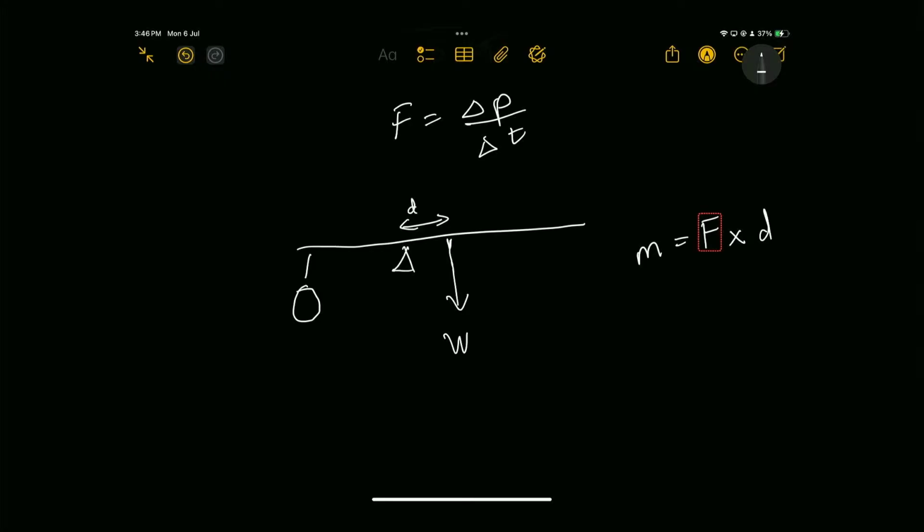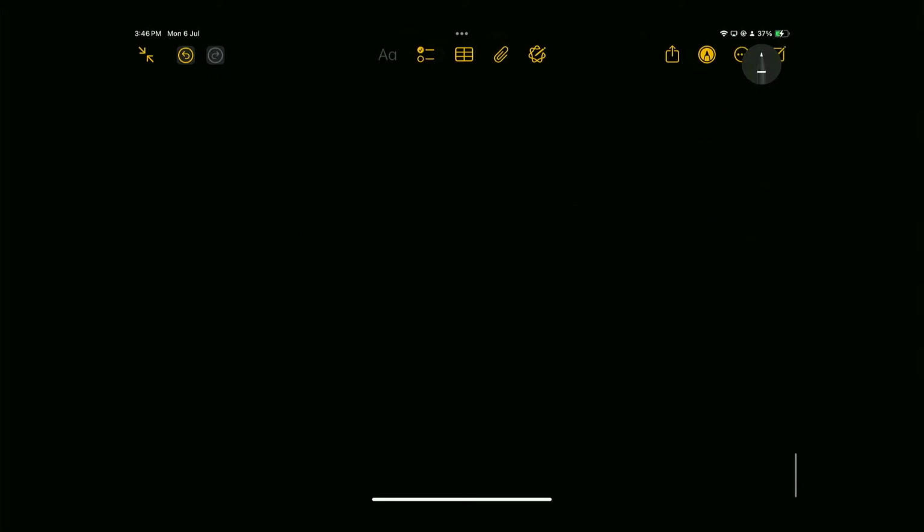So let's utilize the principle of moments for the same. You did it in the lab already, but let us just do it back here. So let's say we had a force of 20 newtons acting at a distance of 30 centimeters from this pivot.